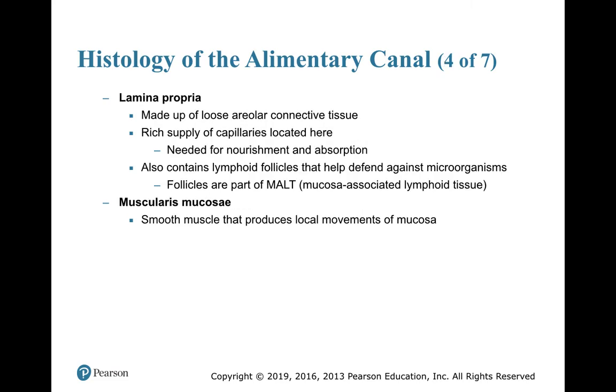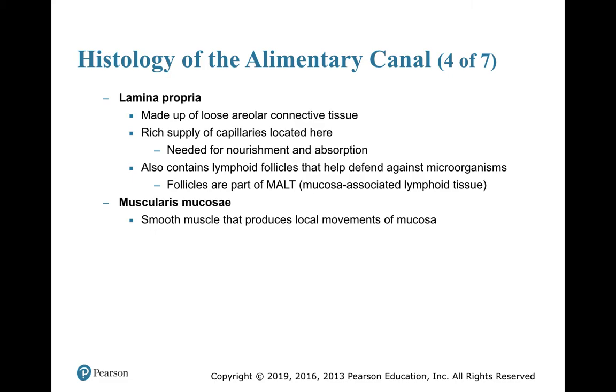The lamina propria is made up of loose areolar connective tissue. It has a rich blood supply of capillaries that is needed to nourish and also for absorbing materials. It has lymphoid follicles that help defend against microorganisms, and those follicles are part of the MALT, or mucosa-associated lymphoid tissue, that we talked about when we talked about the immune system.